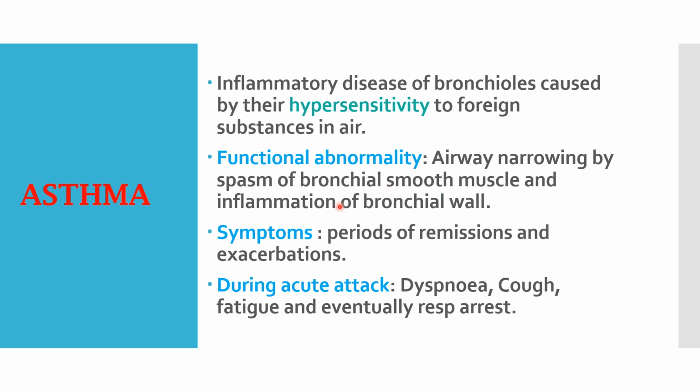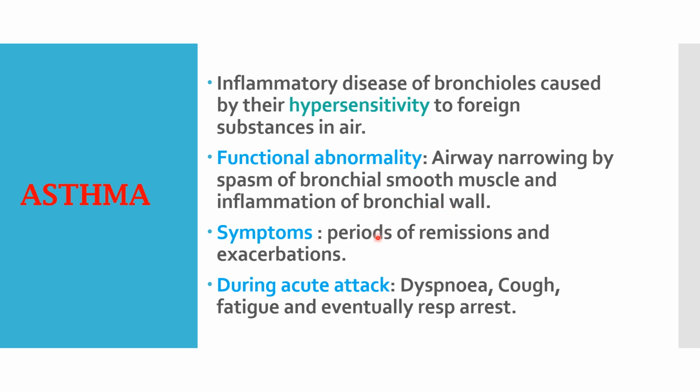There is also inflammation of the bronchial wall, predominantly eosinophilic, producing mucosal edema, and secretion of thick mucus into the lumen of bronchioles. So the main functional abnormalities in asthma are airway narrowing, hypersensitivity to foreign substances, inflammation of the bronchial wall and secretion of thick mucus into the lumen.